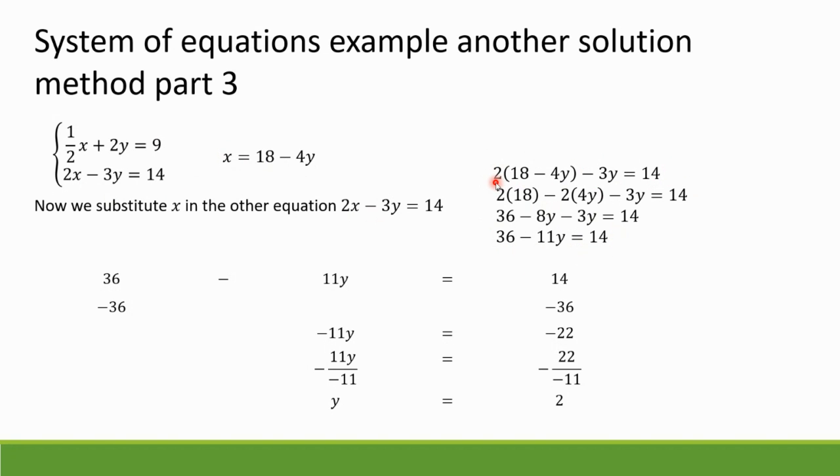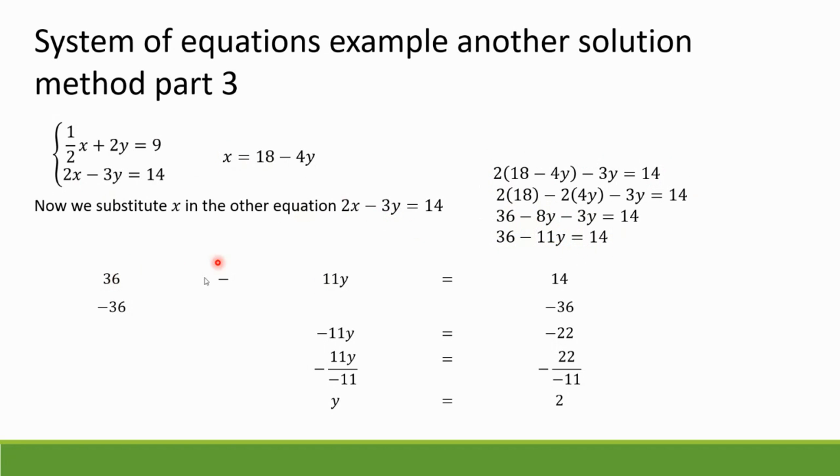Then we just did some basic work, distributing. We get 36 minus 11y is 14. Now we can solve this for y, right? Again, we wanted to kill off one of the variables, and we killed off x. Now we're left with y, and we can solve this.